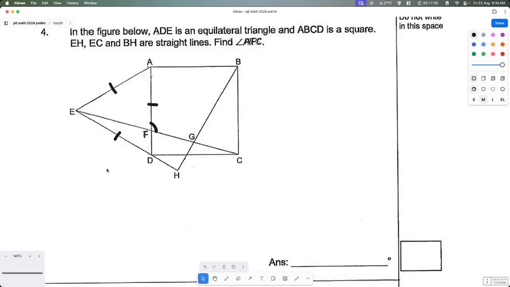First, since this line over here, AD, is also the side of the square, that means this and this are the same. So let's write it down.